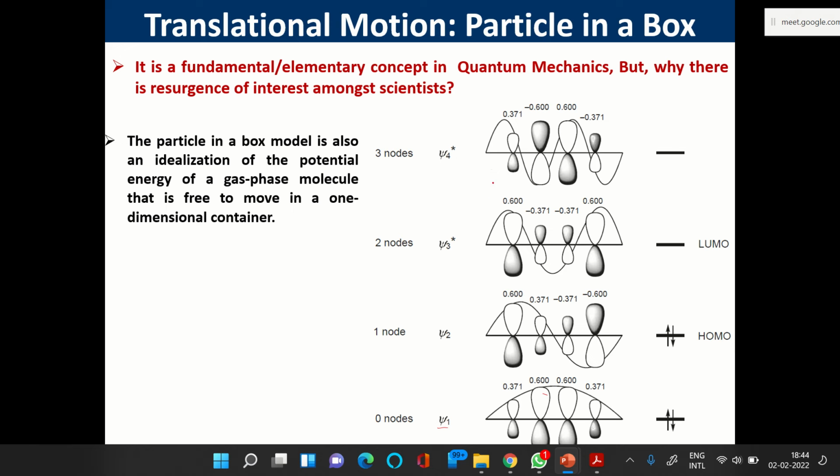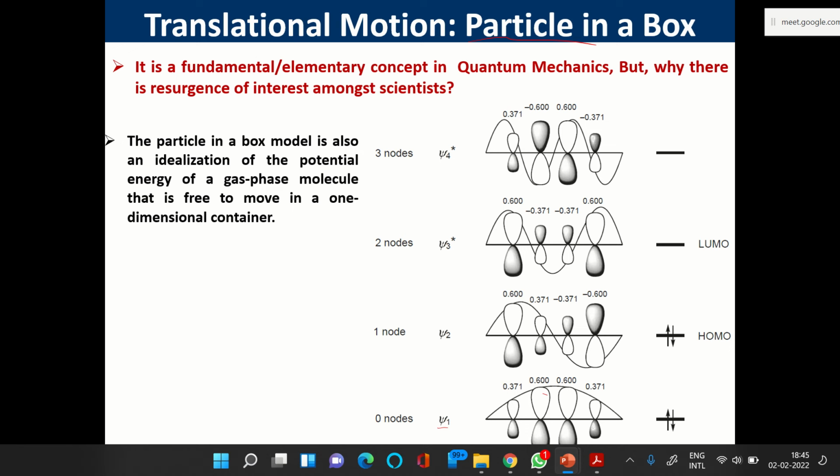Some numericals we will be solving later on, after having developed an understanding of particle in a box. We will further apply this to understand, like in carotene, there is also a long conjugated hydrocarbon chain.